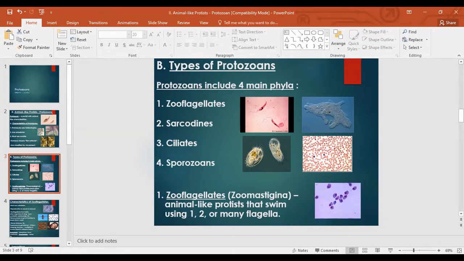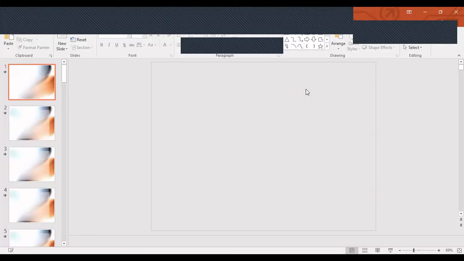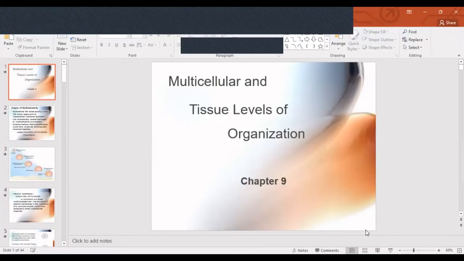Now let's proceed sa chapter 9. Okay, multicellular and tissue levels of organization.